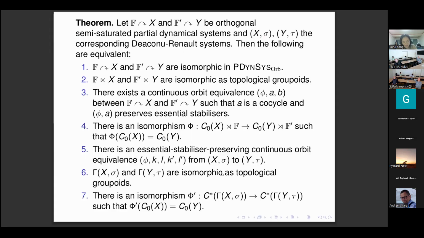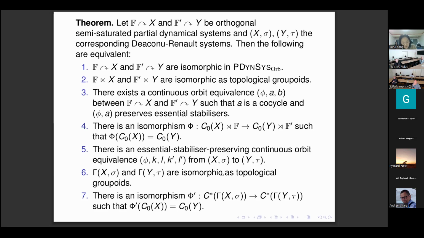So here is the last result. Given two orthogonal semi-saturated partial dynamical systems and their associated groupoids, here are several statements that are all equivalent. They describe the same underlying relationship from different perspectives.